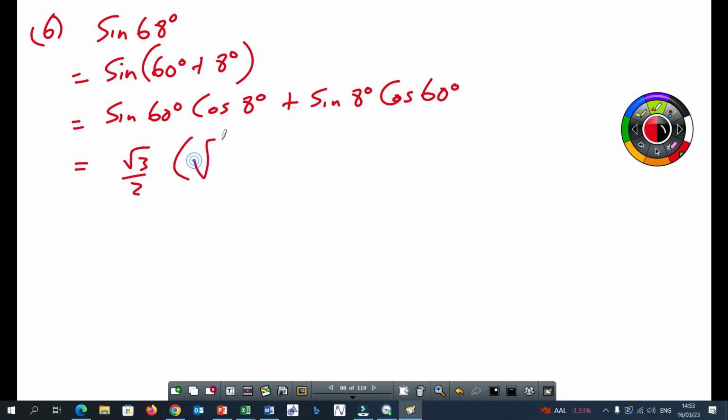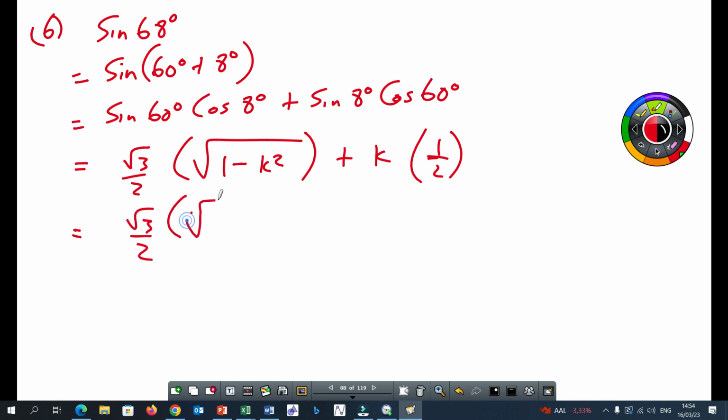Now cos 8 is square root of 1 minus k squared, plus k times a half. So we can put a half there. Now this becomes interesting. We can write this as square root of 3 over 2 times the square root of 1 minus k squared, plus k over 2.